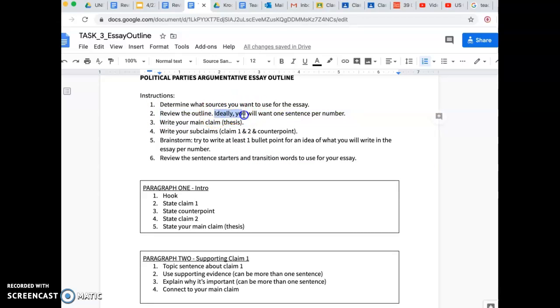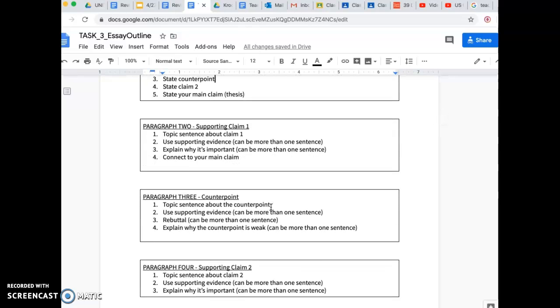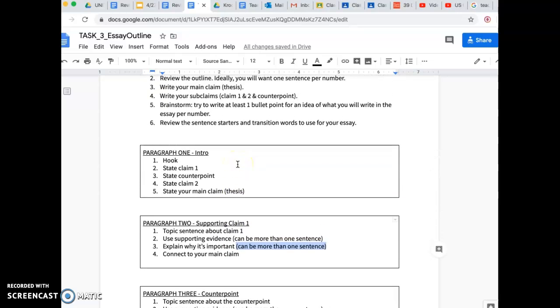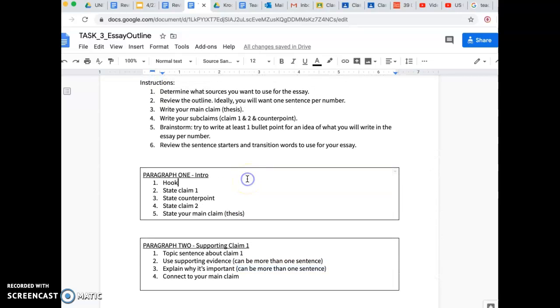It says, ideally, you want 1 sentence per number. That is going to go for all of these, except for the few parts that say can be more than 1 sentence. The reason is so that way we are as direct as possible in our writing and we avoid going on tangents or unnecessary loopholes.